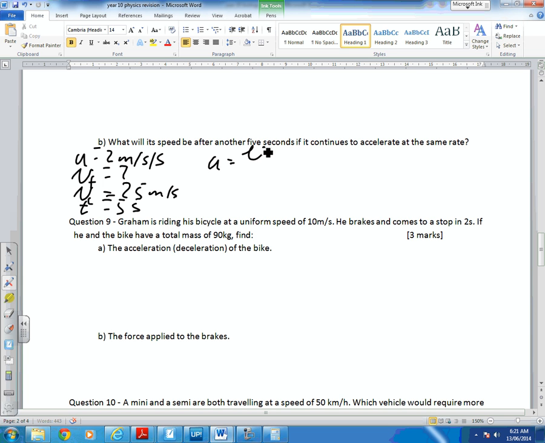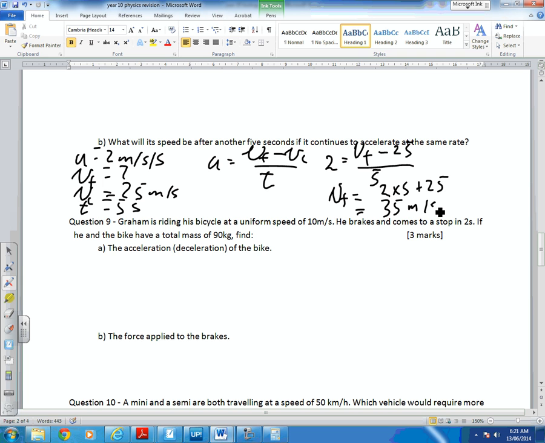A equals VF take VI over T. So it's going to be 2 equals VF take 25 over 5. So therefore VF equals 2 times 5 plus 25. That's 10 plus 25, which is 35 metres per second.